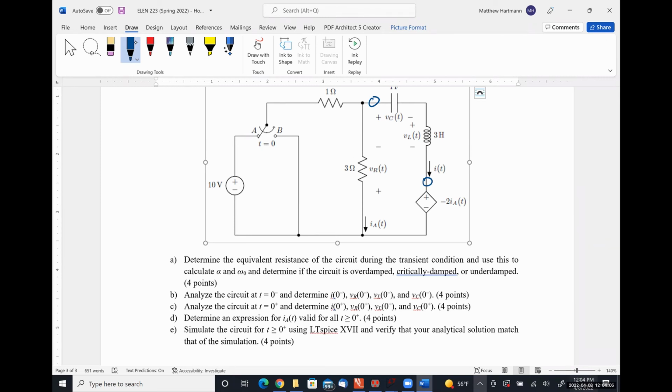The voltage drop over the 3 ohm resistor is going to be 7.5 volts, or negative 7.5 volts because of this polarity. And the current IA should be 2.5 amps. The voltage VL is obviously 0. The current I is obviously 0.